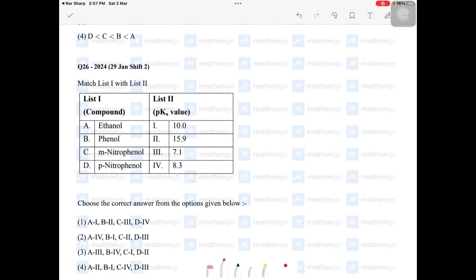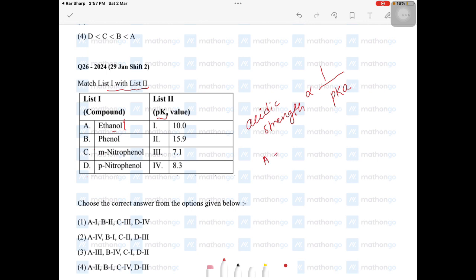Next, match the list 1 and 2. In list 1 they given compounds, in list 2 they given pKa. Out of the 4, ethanol is least acidic, that's why more pKa value. Acidic strength is inversely proportional to pKa values.